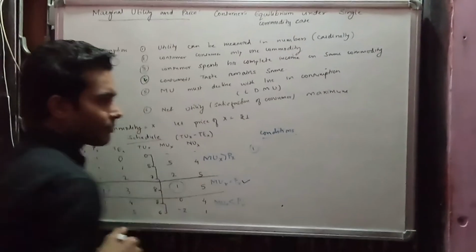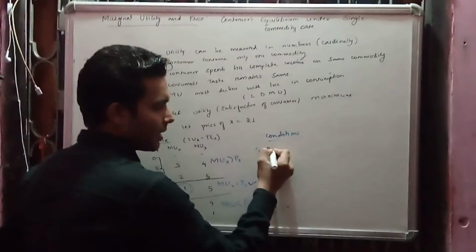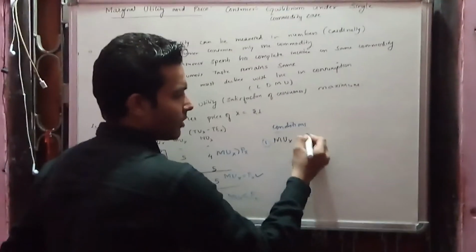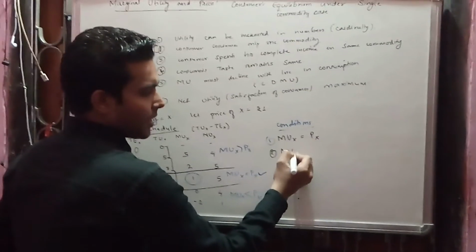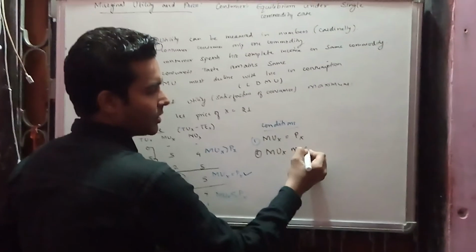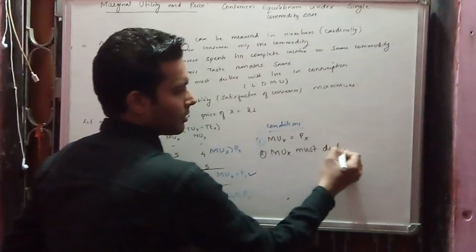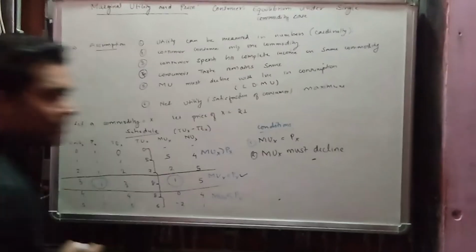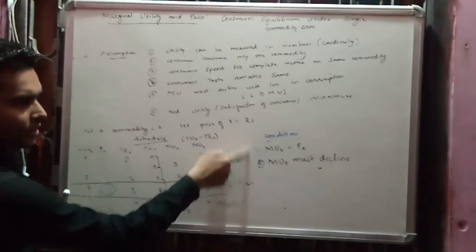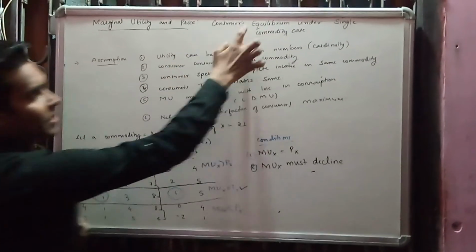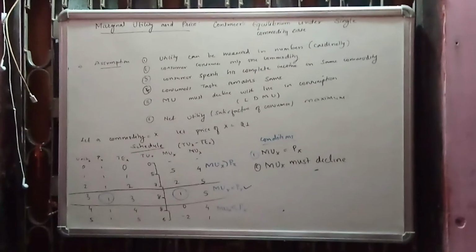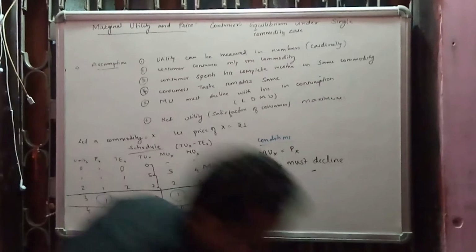Number 1, first, marginal utility must be equal to price. Second, marginal utility of the commodity must decline. When both the conditions are achieved, the consumer attains consumer's equilibrium under a single commodity. Yes. Now this was according to the schedule.